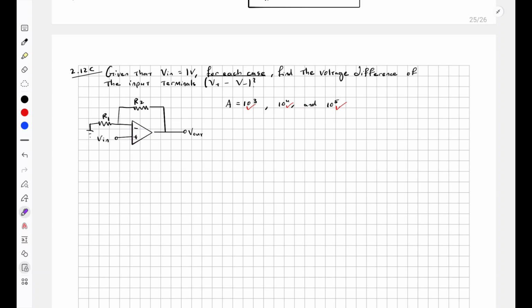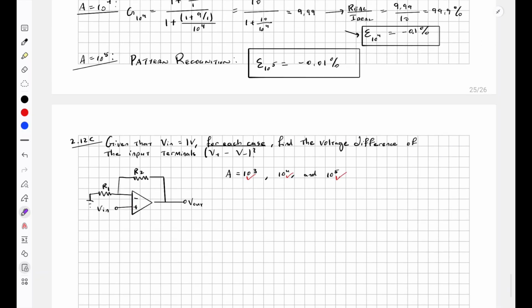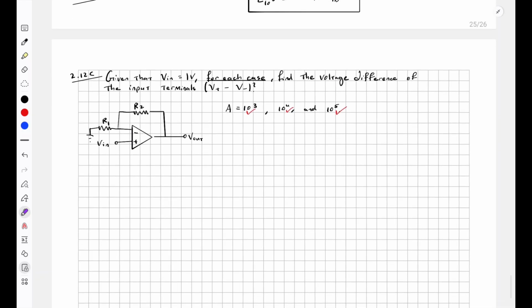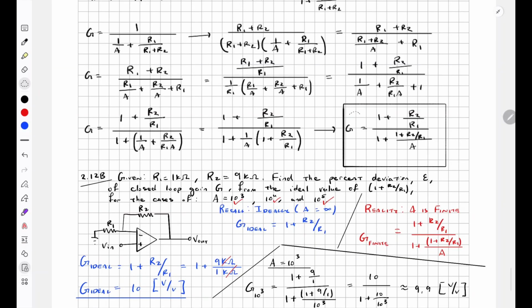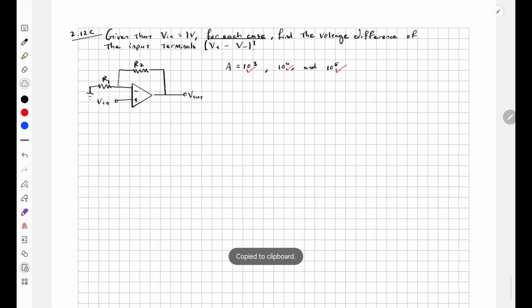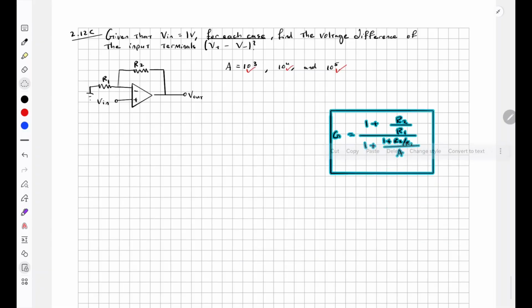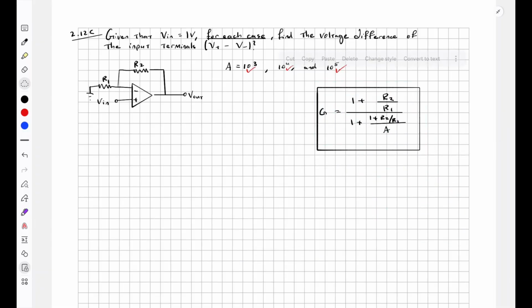First of all, in order to solve this, we need to consider the equation for the closed loop gain in the non-ideal case, which we solved in part A. So let me copy this equation here. We had solved this in part A, and this is V out divided by V in.